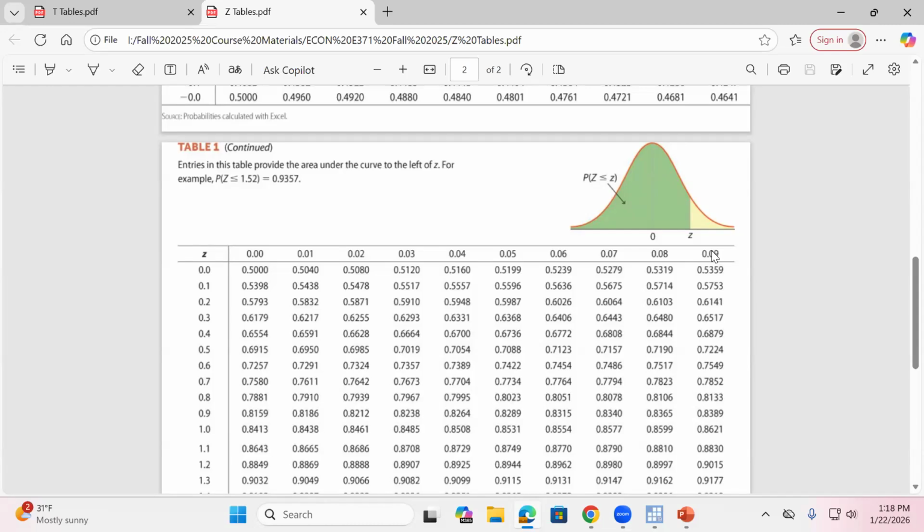If I take the equation which calculates a z-score and rearrange, multiplying both sides by the standard deviation and adding the mean, I get that the cutoff score for the top 10% is going to be this.